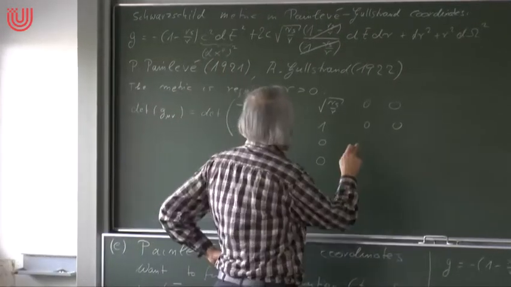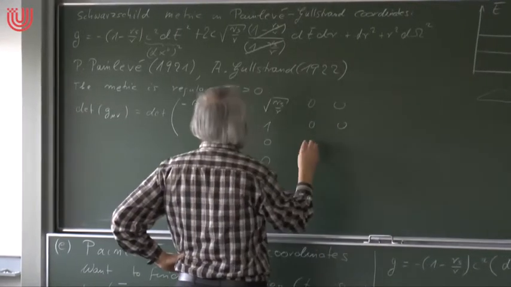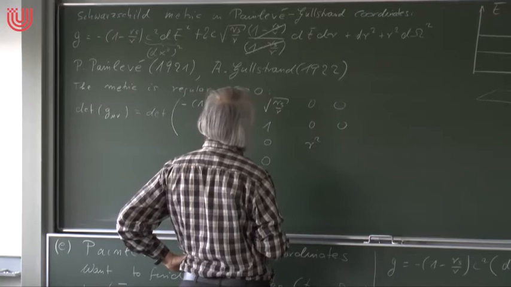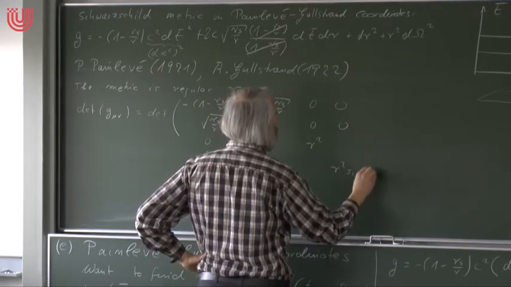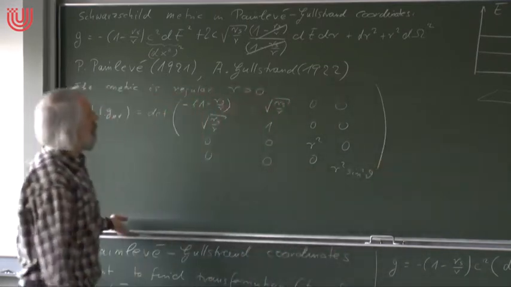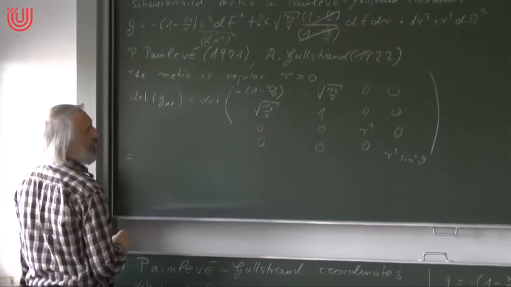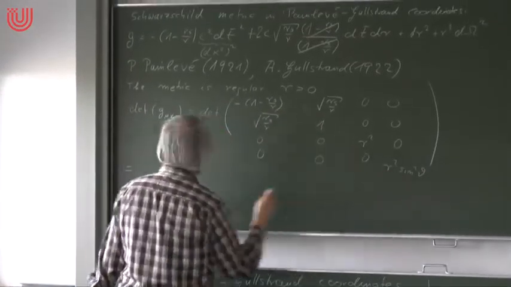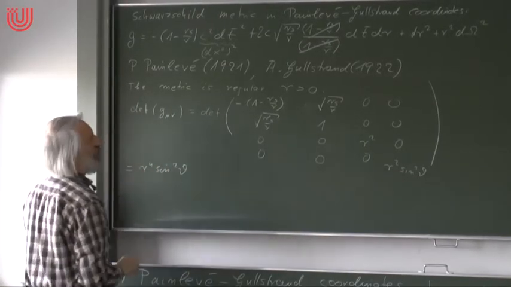Now we have to recall what this here was. In front of the d theta squared I have just an r squared, and in front of the d phi squared I have a factor r squared sine squared theta. This determinant is not too difficult to calculate. It gives an r to the 4 times sine squared theta.